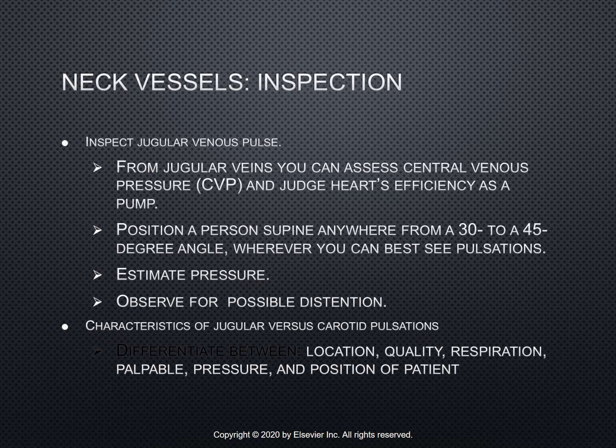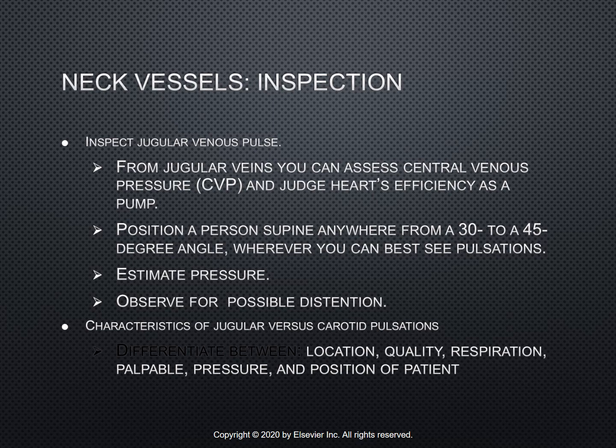When we're inspecting, okay, you want to inspect the jugular venous pulse. So, do I have a picture here? Yes. So, from the jugular veins, you can assess central venous pressure and judge the heart's efficiency as a pump.